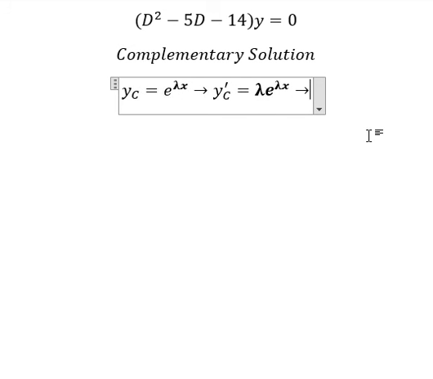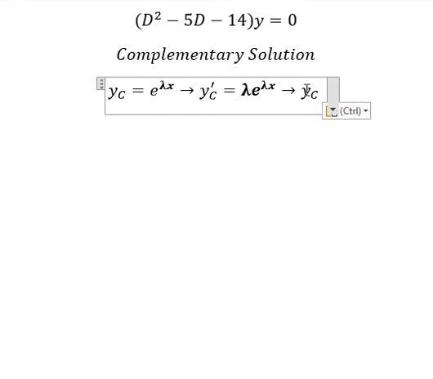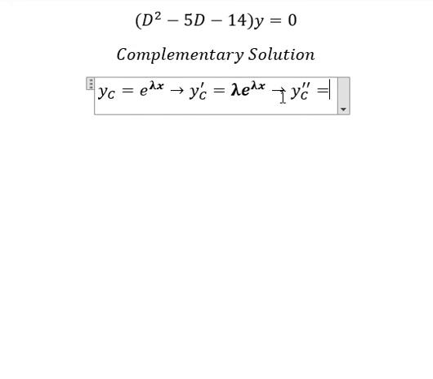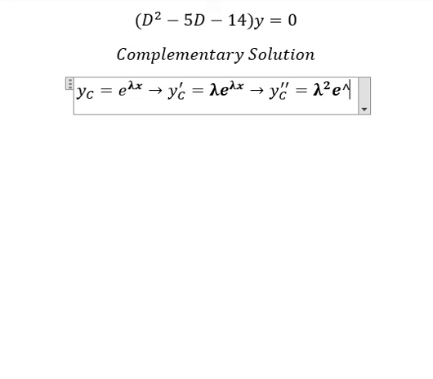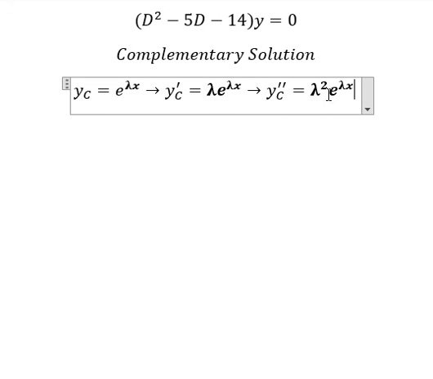And now we do the second derivative, and we have lambda squared e to the power of lambda s.